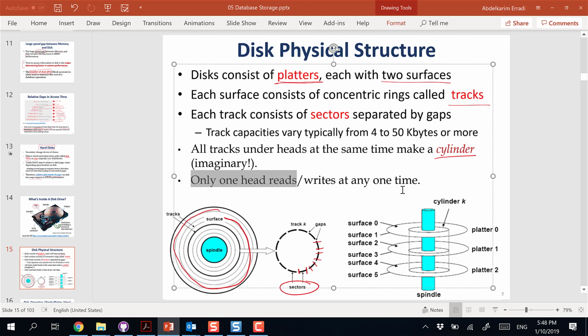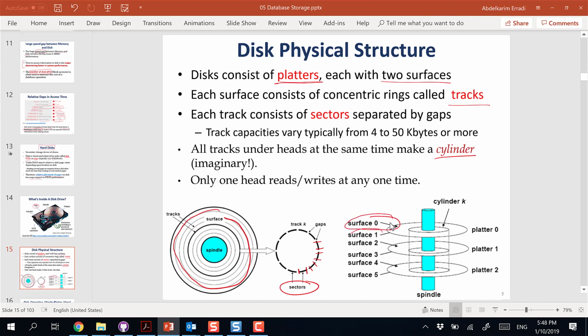And by the way, although we have many heads, on each surface we have a head that is able to read and write to sectors on that platter, but only one of them will be working at a time. Not all of them working simultaneously. Only one head reads and writes at one time. Okay.